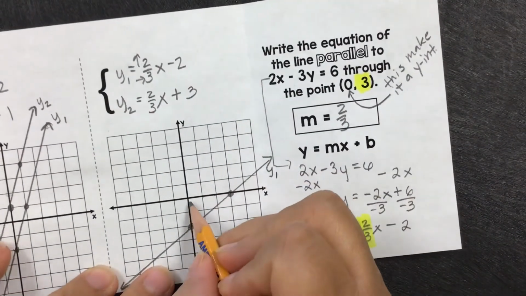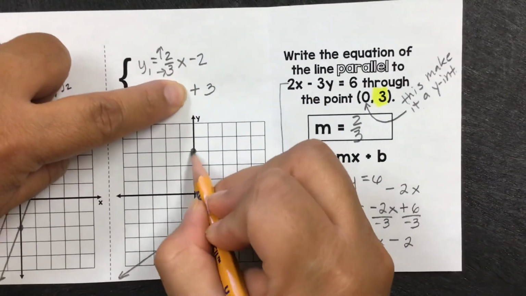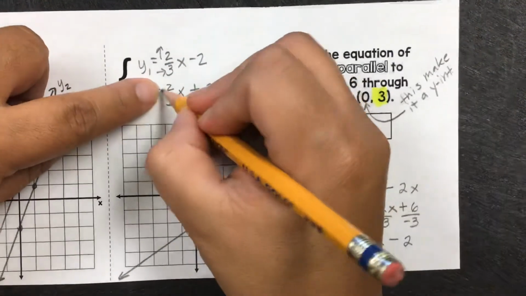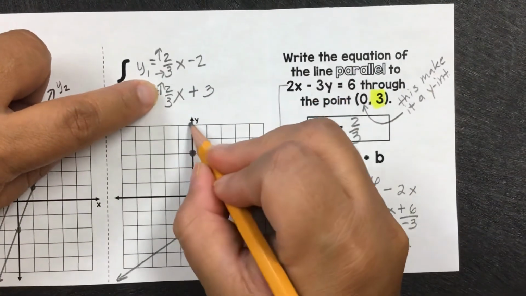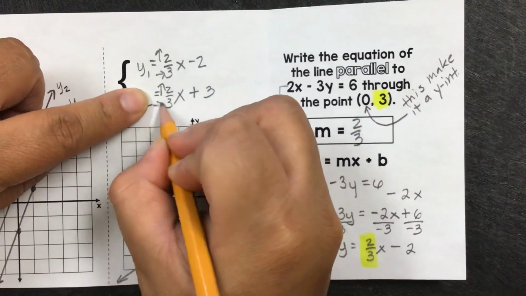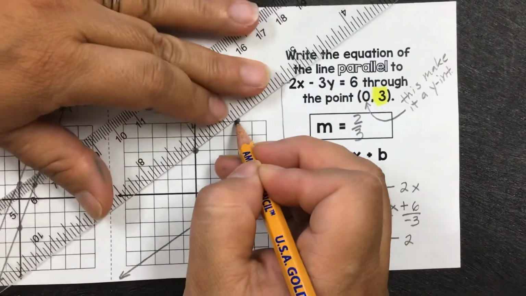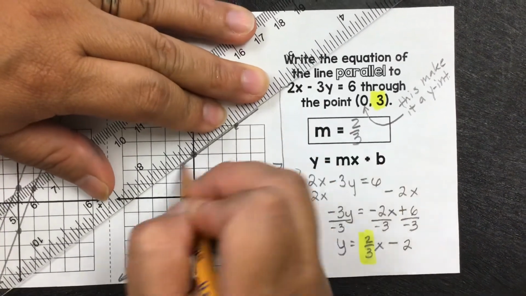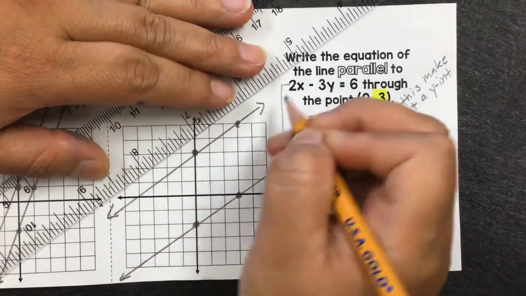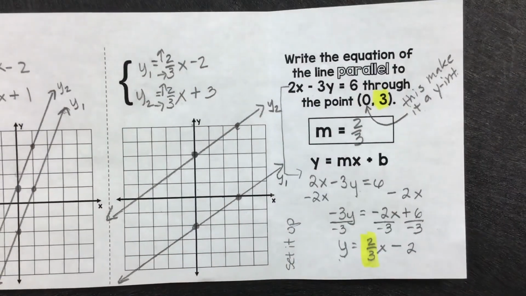For the next one, you have a positive 3 as your y-intercept, 1, 2, 3. You're going to go up 2, and over 3 to the right. Connect the dots, make sure you go past the graph, make arrowheads, call it y2. That is the review of parallel lines.